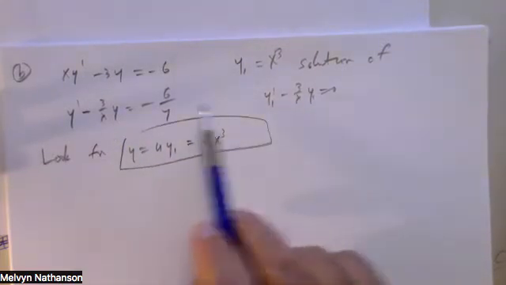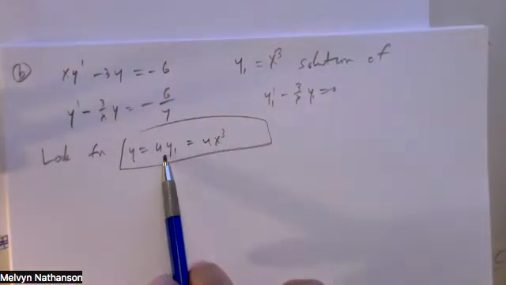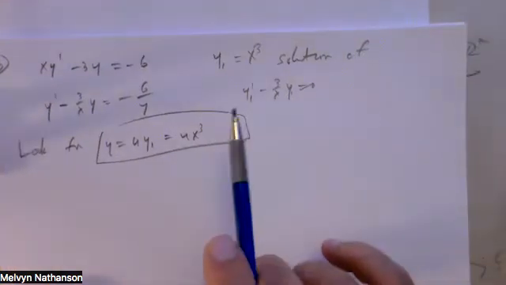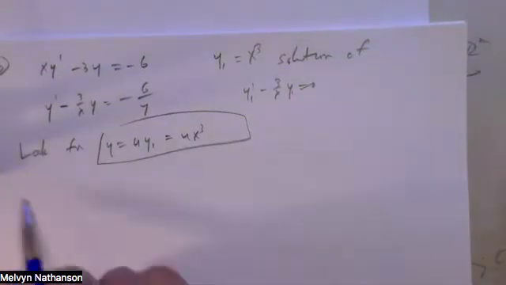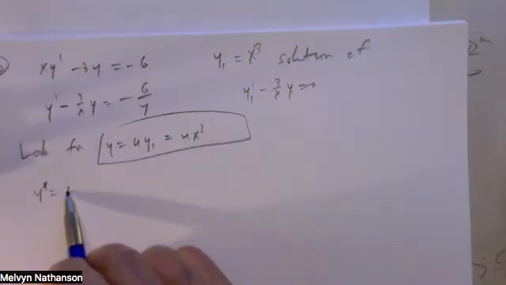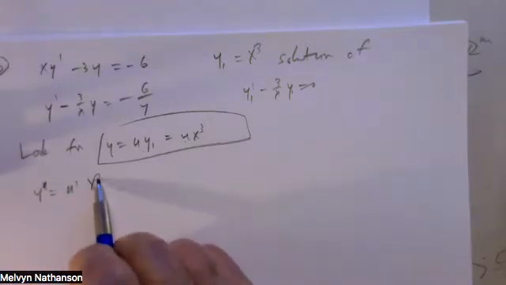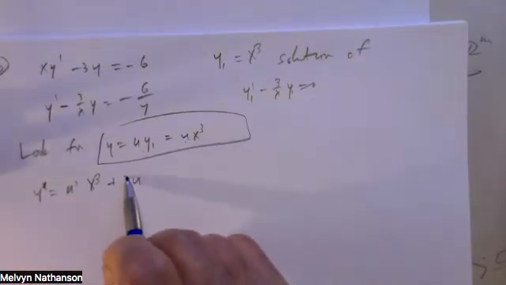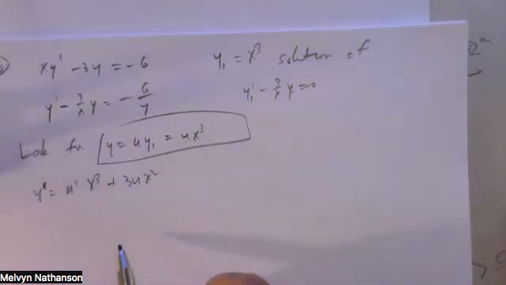We take a solution of the homogeneous equation, multiply it by u and see if we can solve the non-homogeneous equation. So to differentiate this, y prime is u prime x cubed plus u times 3x squared.